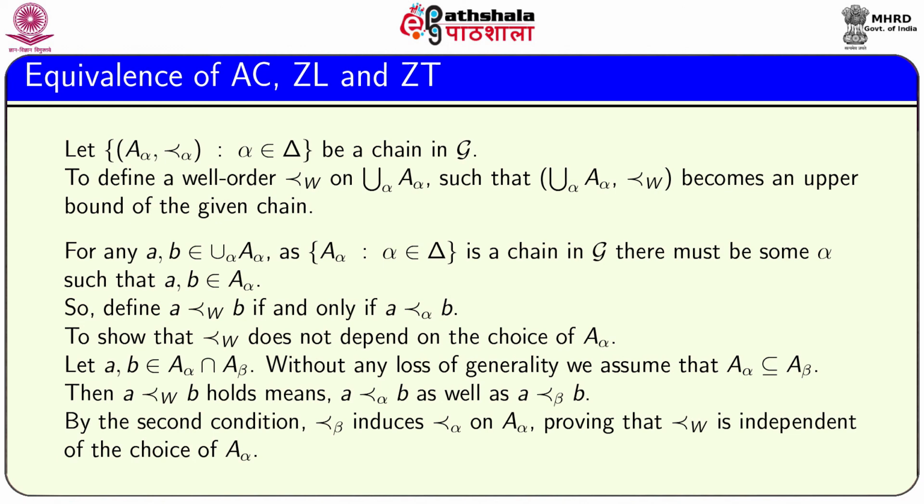We need to show that whenever a less alpha b and a less beta b take place, both will give the same a less W b, and that is true by the second condition of our choice of the relation.